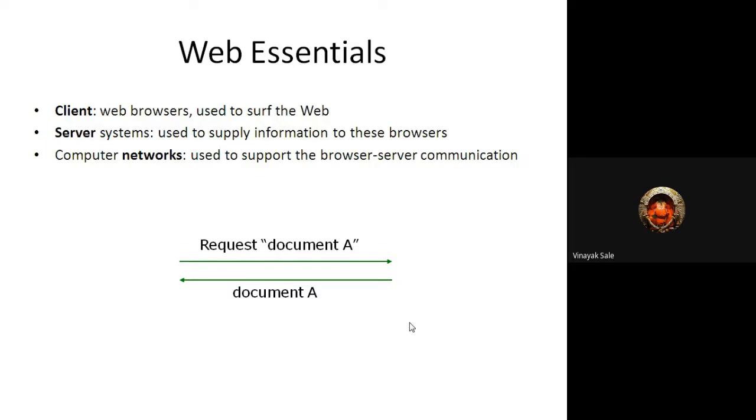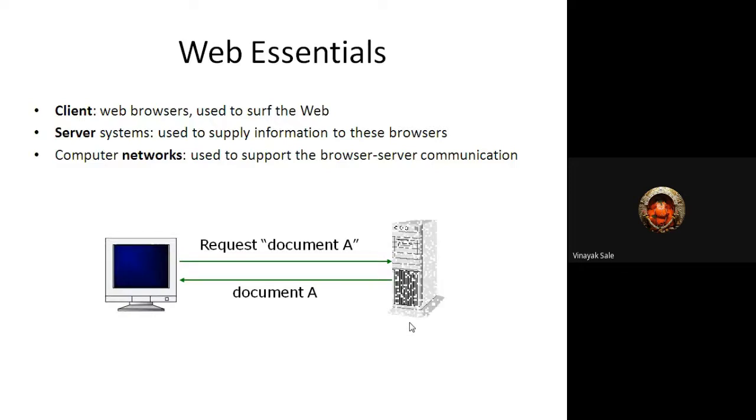So for web essentials we require client, server and network. See this figure carefully. At left side there is a client and at right side there is a server. This machine, or this monitor, acts as client.